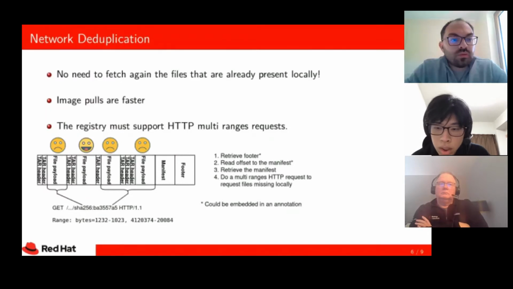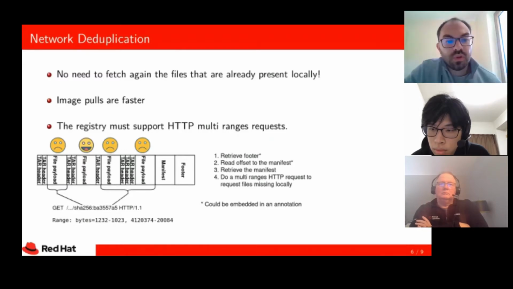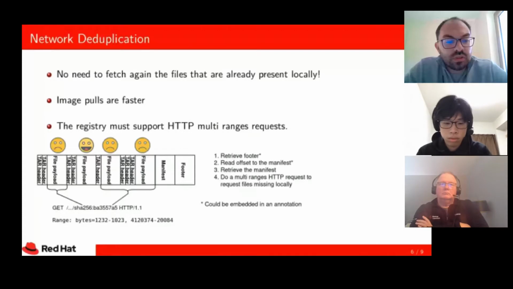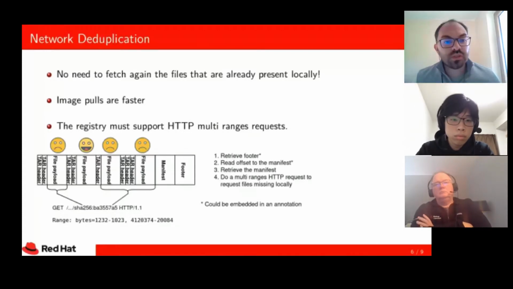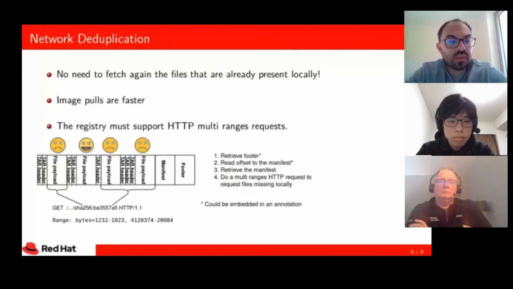So there are two things that I want to improve. First of all is the network deduplication. There is no need to pull files that are already present locally. If you already pulled an image that has similar files, and you are going to pull a second image that shares some of the files with the first image, you can just skip what was already pulled the first time and download only the different ones.